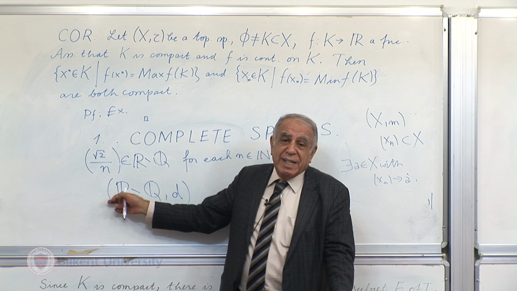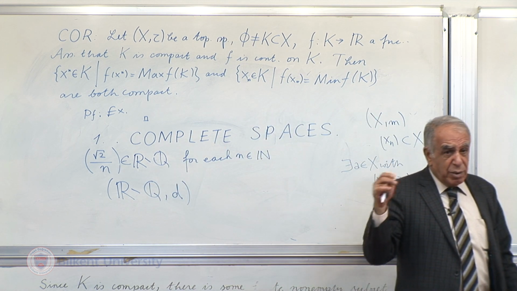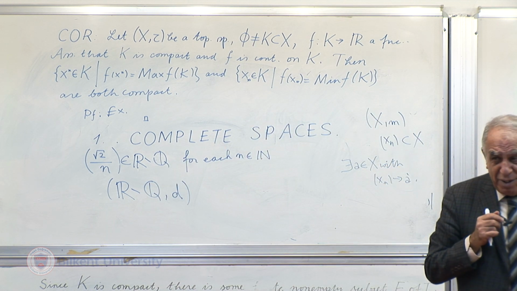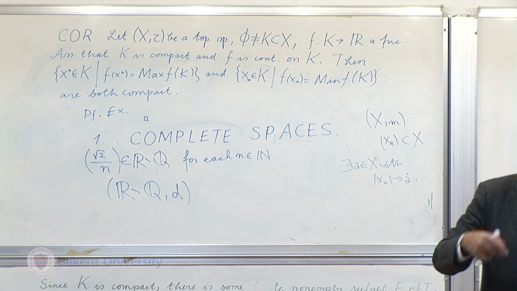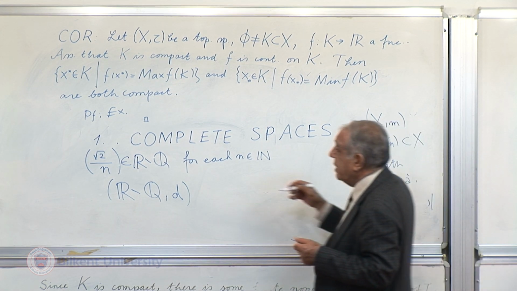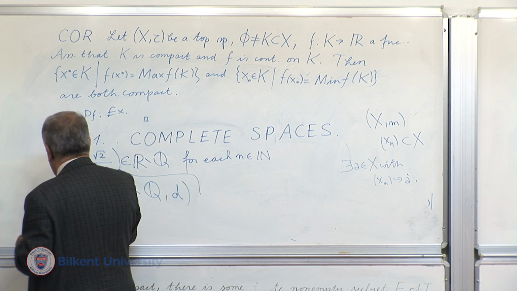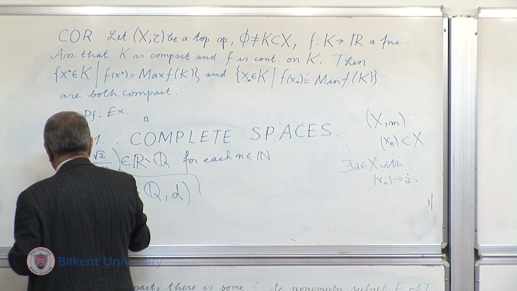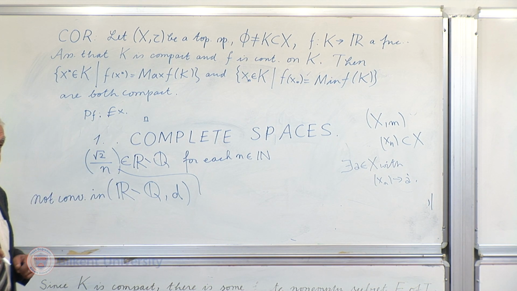Well, if this converged in R minus Q_d to some A different than 0, then that would contradict the uniqueness of limits of sequences in R_d. So this is not convergent, divergent in R minus Q_d.